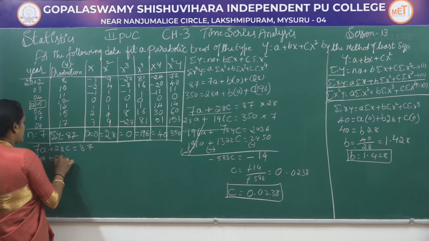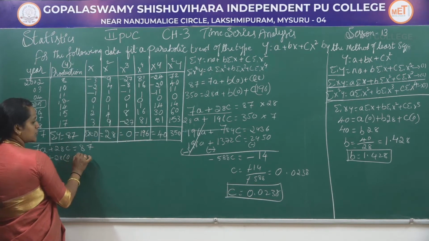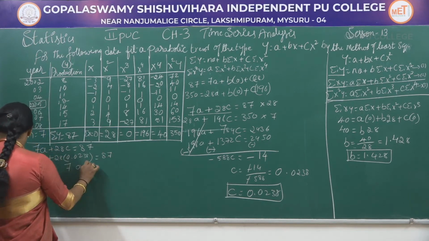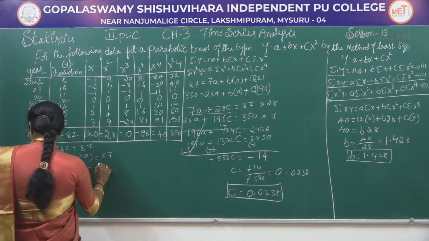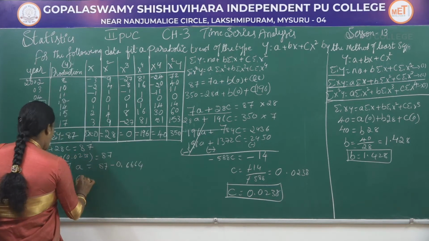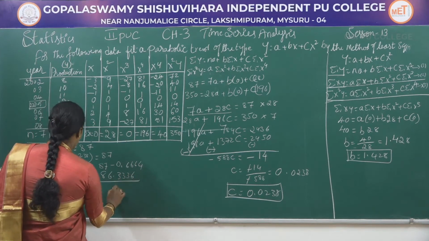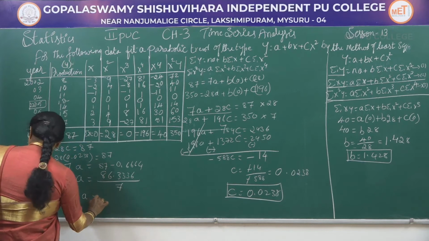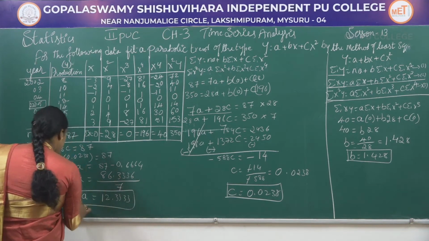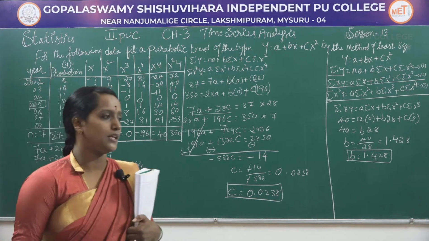Substituting the calculated c value, 7a plus 28 into 0.0238 is equal to 87. So 7a is equal to 87 minus 0.6664, that is 86.3336, divided by 7. So a is equal to 12.3333.